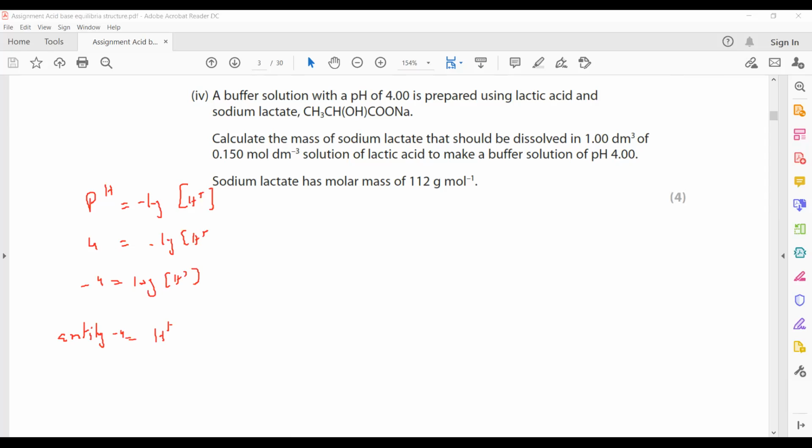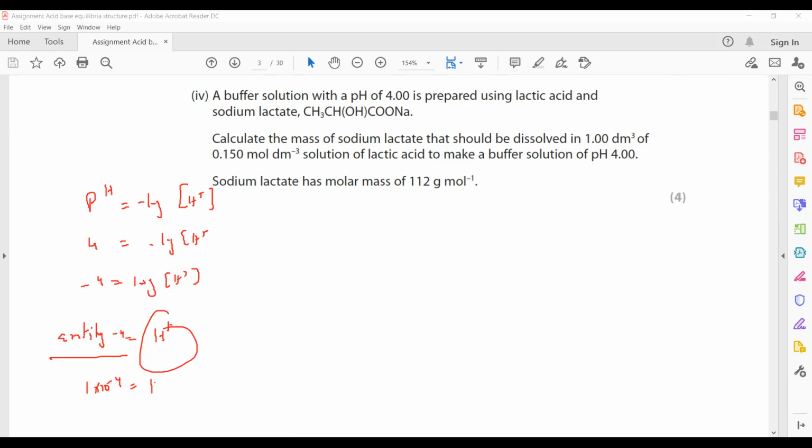So if one side is log, the other side will be anti-log. What's the anti-log of minus 4? That will be the hydrogen ion concentration, 0.0001. So 1 exponent minus 4, I can say. So I can also say it is 1 into 10 to the power minus 4.